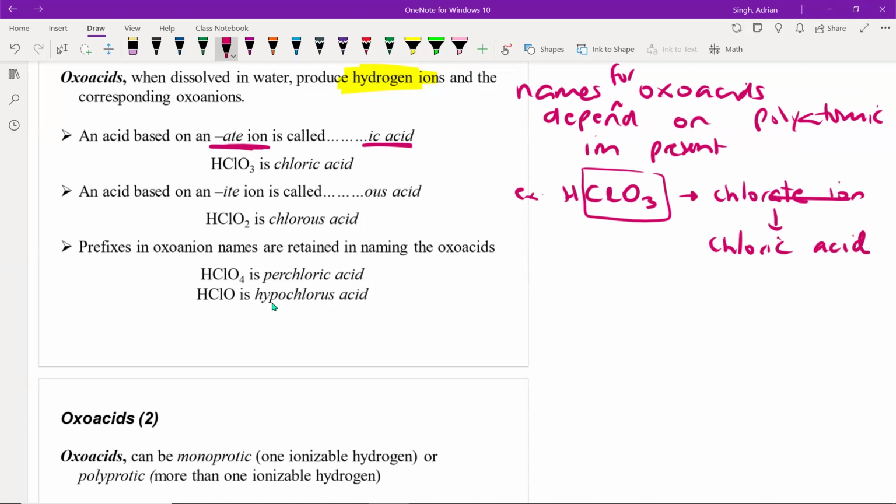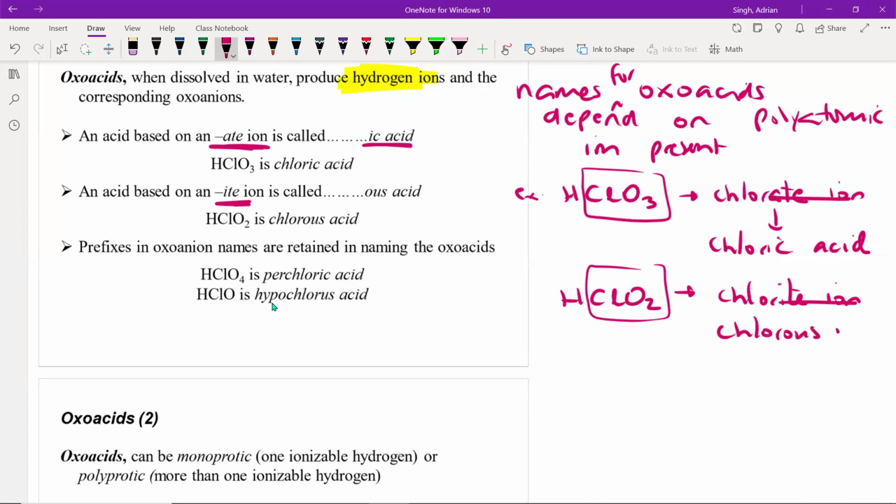If the acid was based on an ite ion, so for example, if I have HClO2, then you have to recognize the chlorite ion. So this would become, drop the ending here, chlorous acid.